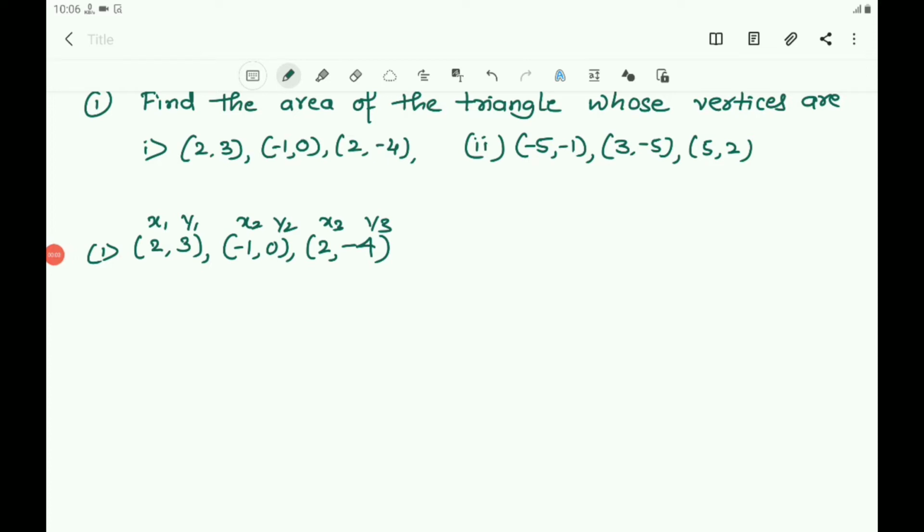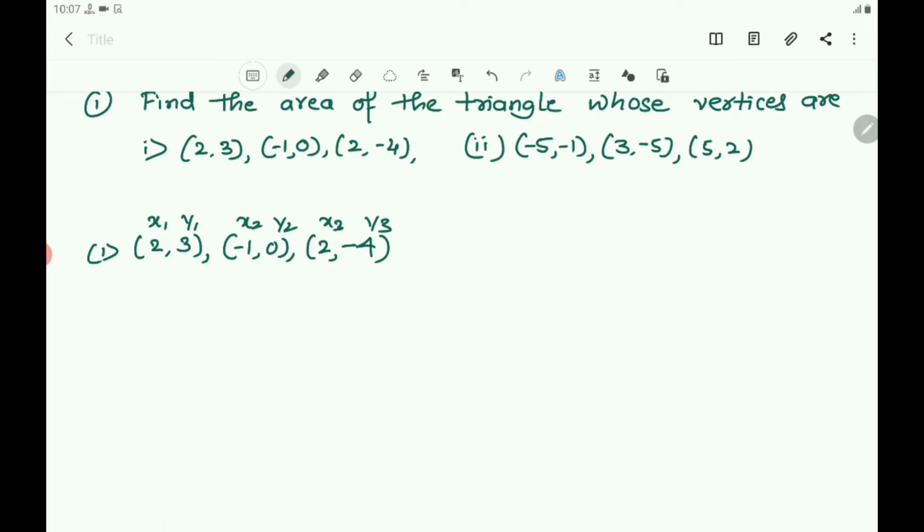You know the formula to find the area of the triangle when the vertices are x1, y1, x2, y2, x3, y3. So, what is that formula? It is half into x1 into (y2 minus y3) plus x2 into (y3 minus y1) plus x3 into (y1 minus y2).